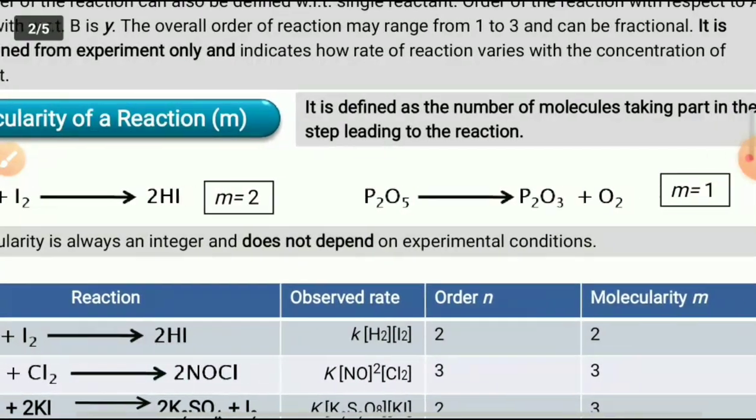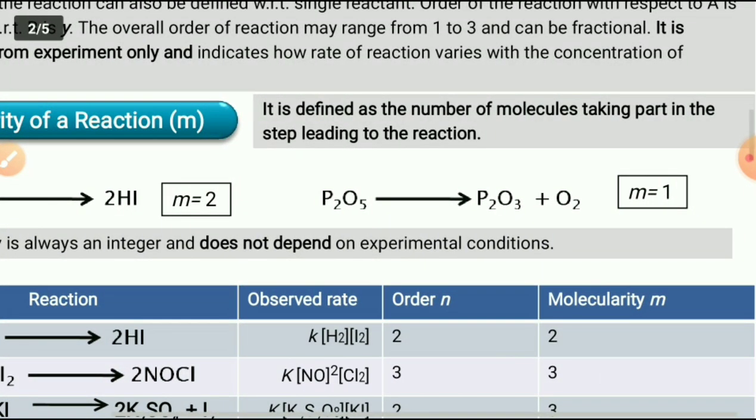Now we have taken another example, P2O5. When it undergoes thermal reaction, it gives P2O3 and O2. Here only one molecule takes part in the reaction to give the products, so the molecularity of this reaction is 1.